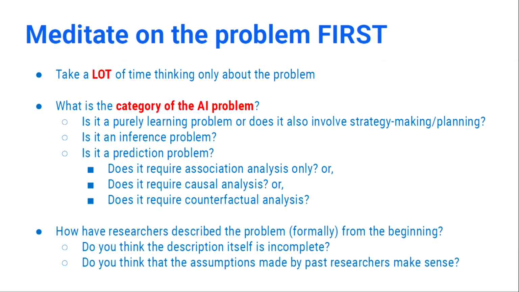So after that comes the description of the problem. A lot of times you will find, when you look into the previous papers, that the formal description of the problem itself is incomplete. You need to complete the description. A lot of times you will find that the assumptions made by the previous people are not really feasible. They're not valid.